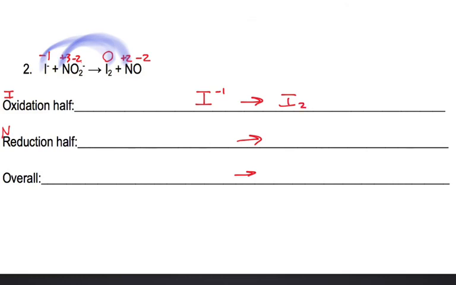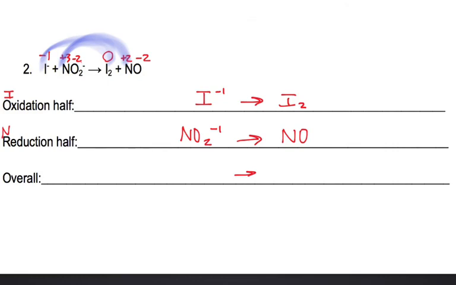And then the nitrogen half reaction, the reduction half reaction with the nitrogen in it, is going to have that NO2 -1 turning into NO. So if it's not being oxidized or reduced, it can just kind of stay with whatever it's with. And especially since it's oxygen, we've got a way to handle oxygen in these reactions.